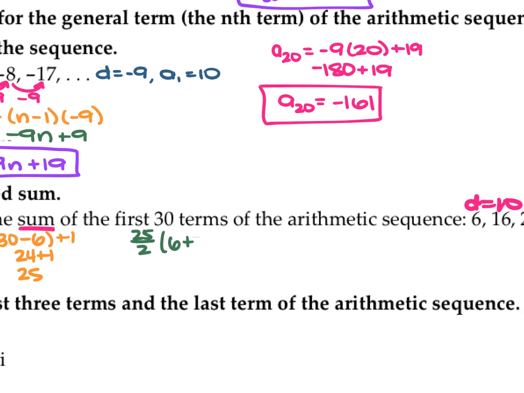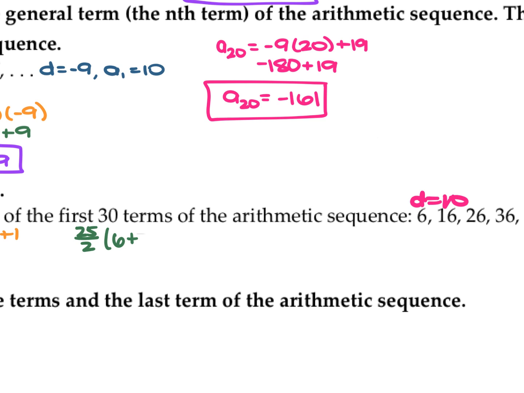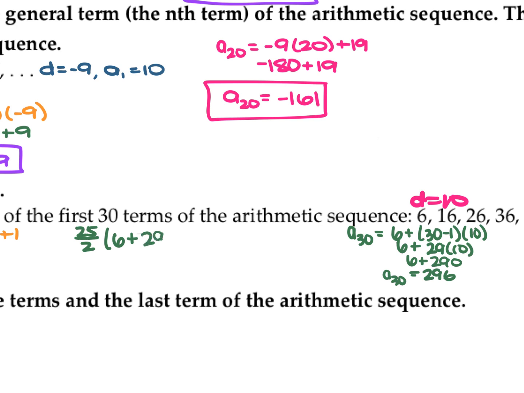So find that first. So that means you're finding a sub 30 is equal to a sub 1, which is 6, plus 30 minus 1 times d. So that's 6 plus 29 times 10. So 6 plus 290 is 296.